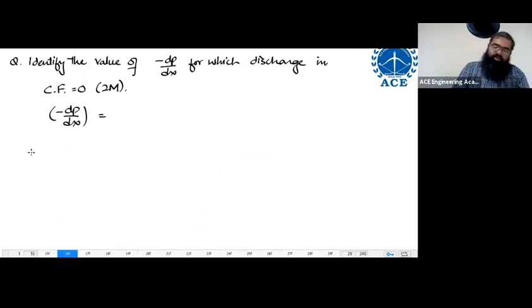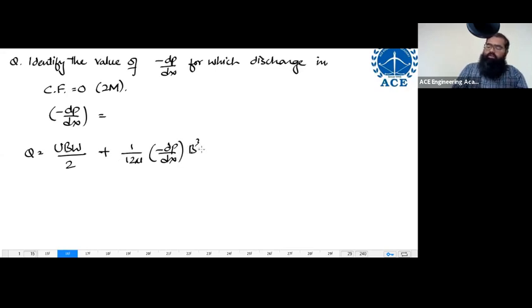Look, the formula for Q was equal to how much? UBW divided by 2 plus 1 by 12 mu minus dp upon dx multiplied by b cube into w.